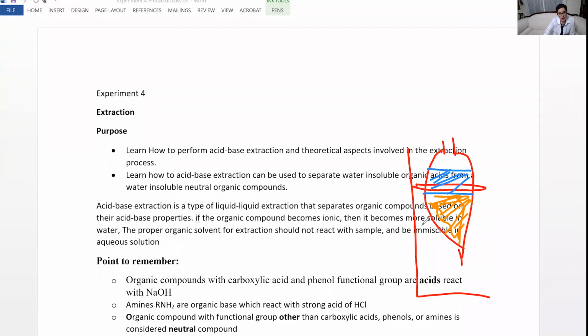Those are the 2 common ones that are used for the extraction as the organic solvent. And they should not react with the compound, and they should have a low boiling point, so you can remove them easily by evaporating. Because our concern is to separate the compound, not to have it mixed with the solvent. So we have to be worried about separation at the end.